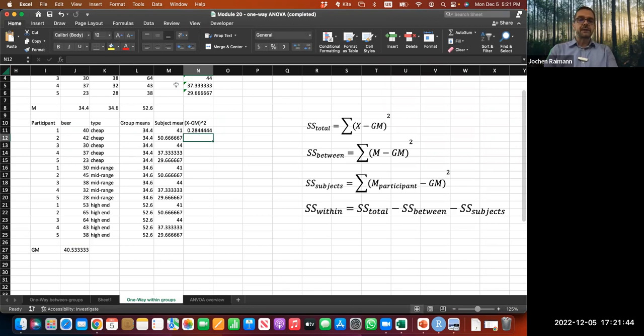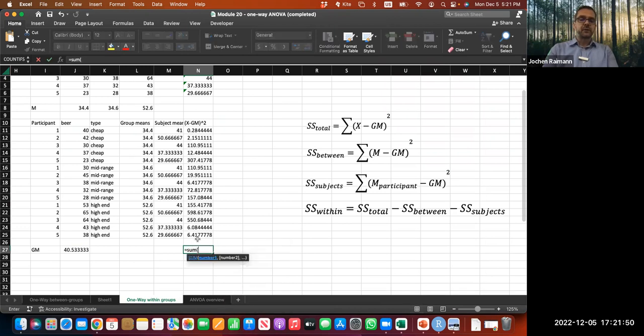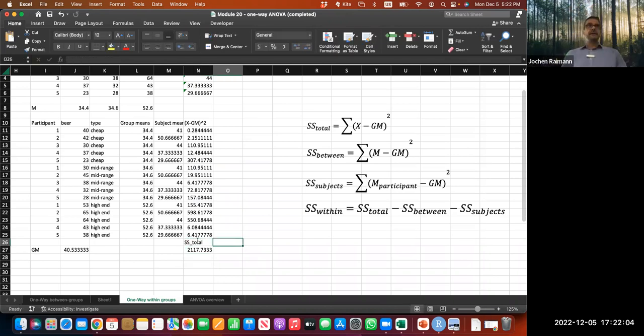You're squaring this, and you pull this all the way down, and then you sum it up. So your sum of squares total is now 2,117.73. So that's your SS total.